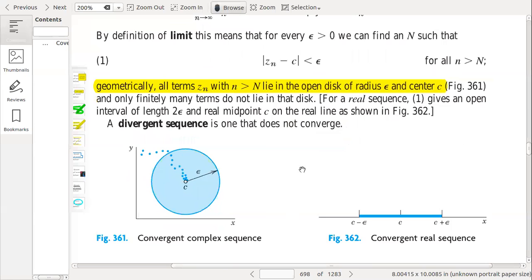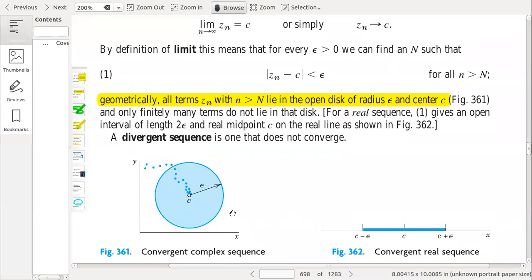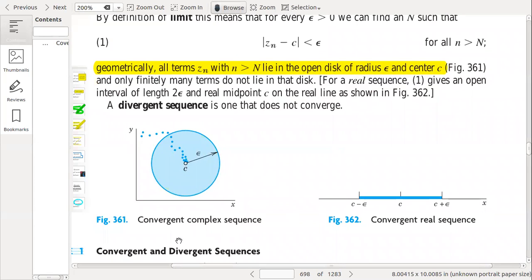Corresponding to this definition, we can draw an open disk with center C and radius epsilon. This is a convergent complex sequence, and only finitely many terms don't lie in that disk.